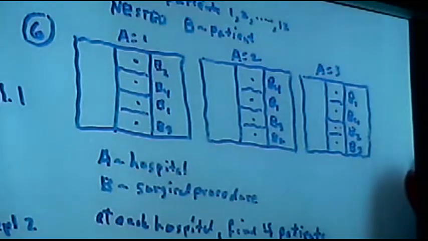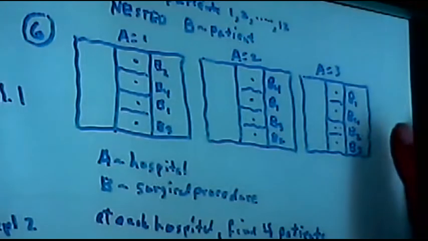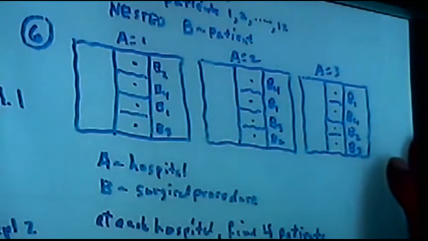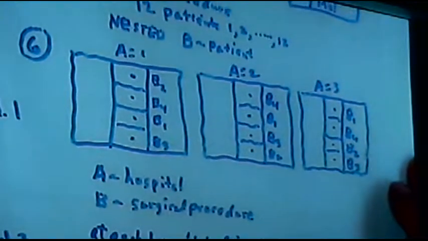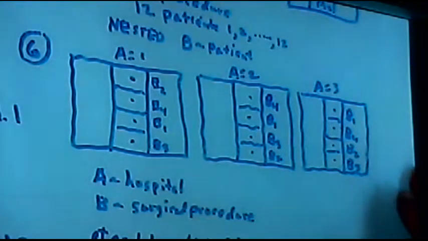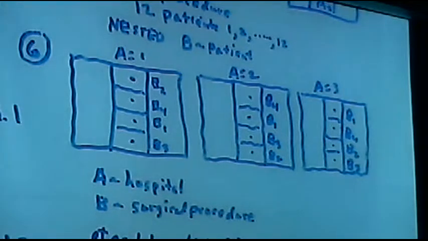Now, when I was thinking about this example, it occurred to me after I was kind of done with it that this medical hospital situation is really exactly like the agricultural examples.